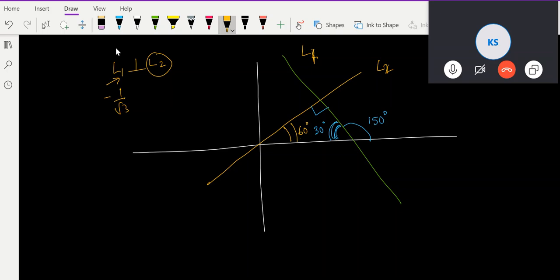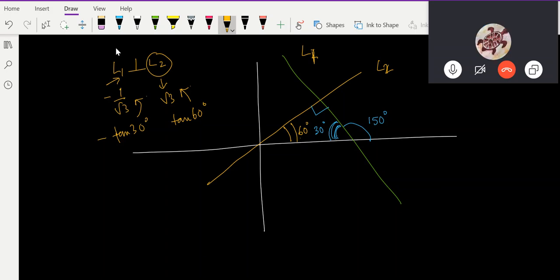How did you get it? With perpendicular lines, it is the opposite reciprocal. From the diagram, it is clear that this is minus tan 30 and this is tan 60, and tan 60 is root 3. Right? Yes, sir.